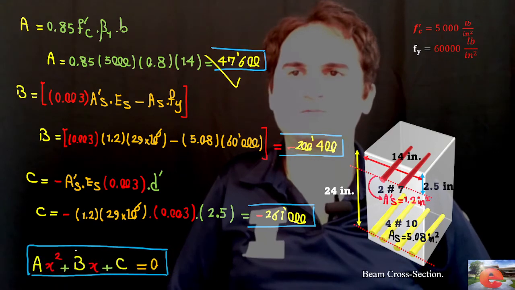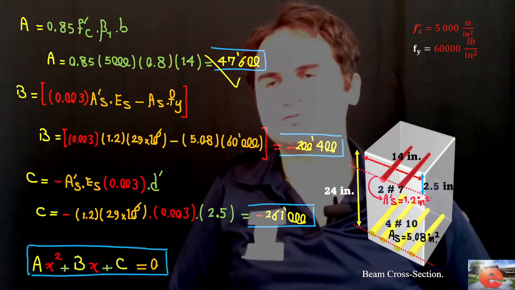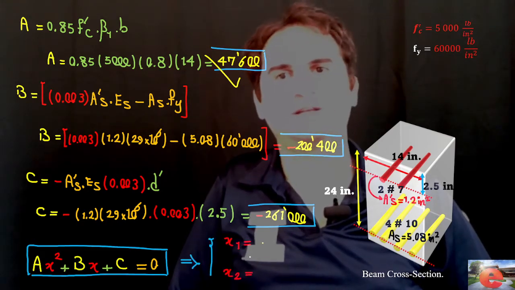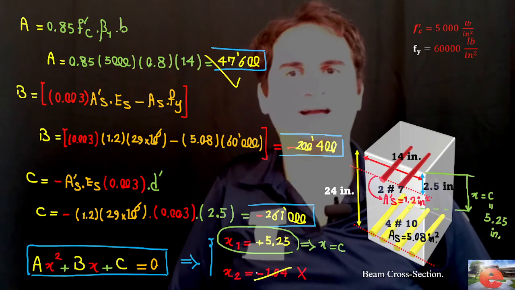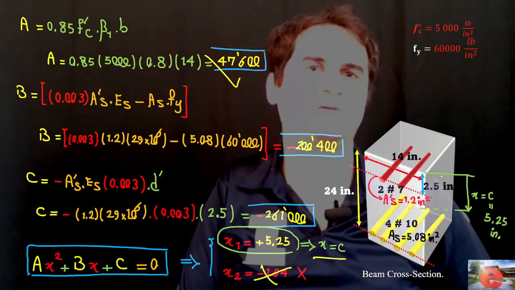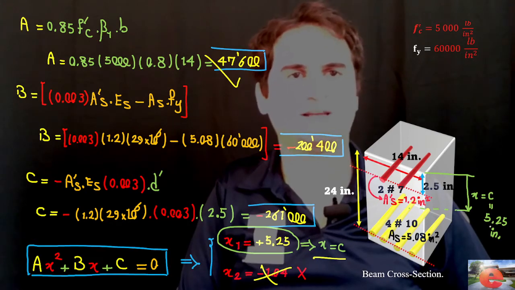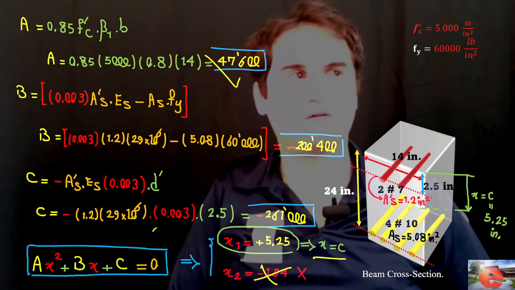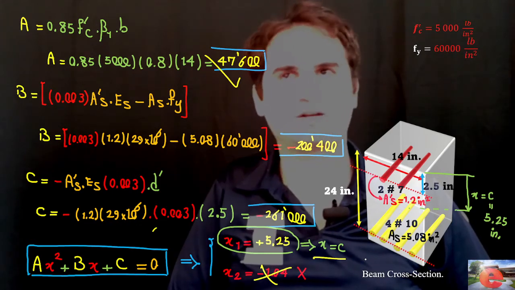If you replace that in the equation ax squared plus bx plus c equals 0, it gives us two roots. The negative one is not the answer, and the positive one is the location of the neutral axis from the top of the section, which gives us 5.5 inches.